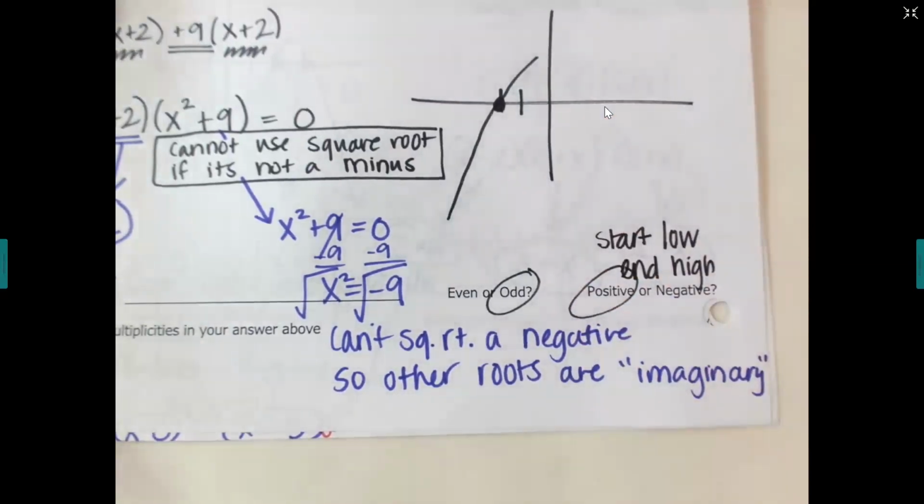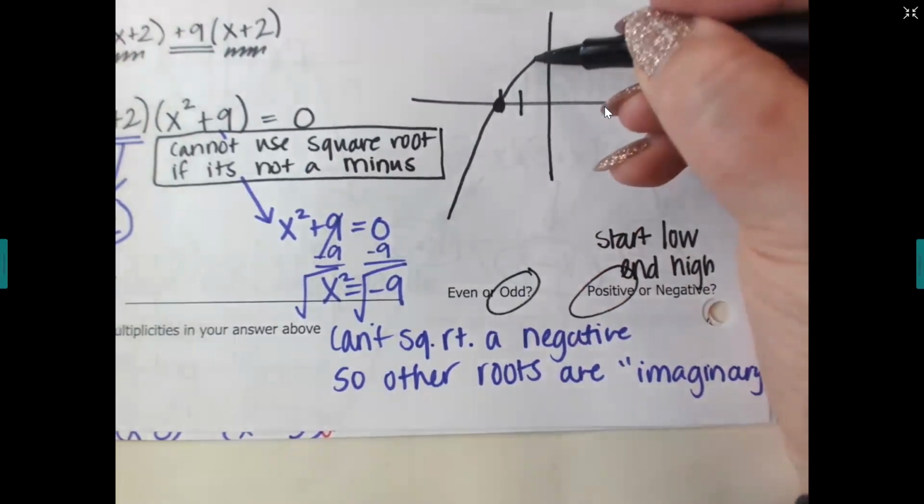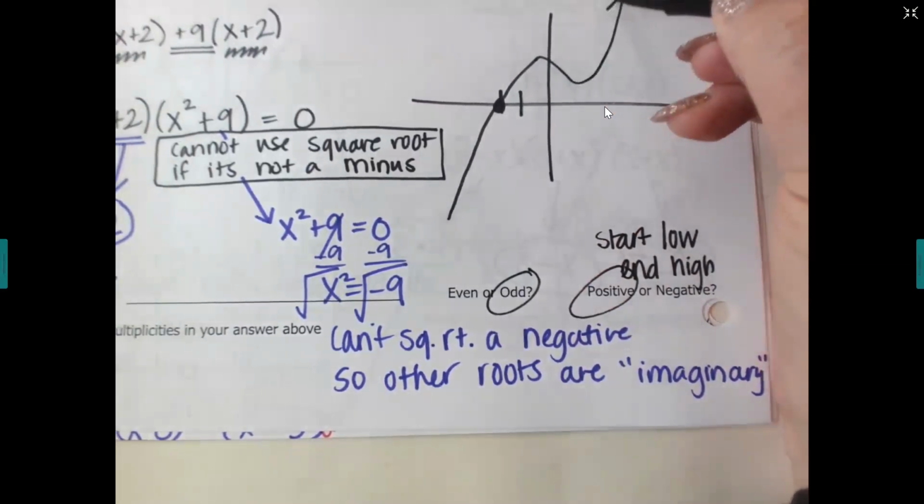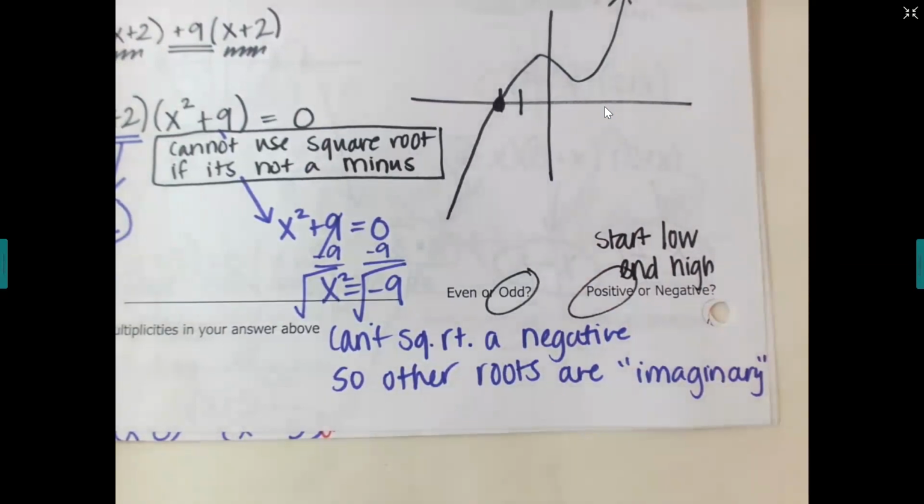And then here's what an imaginary root looks like. Your graph is gonna turn back towards the x-axis, but then not make it. That's what an imaginary root looks like. So a real root means you got an answer and it crosses the x-axis, or maybe it bounces, but it gets to the x-axis.